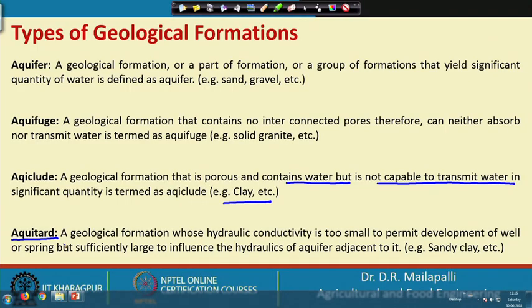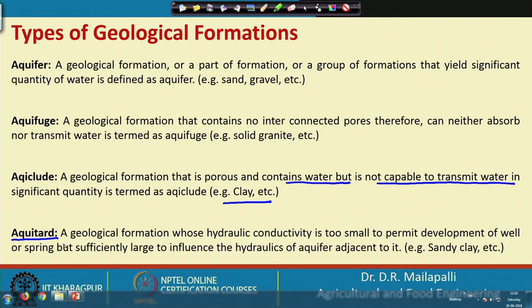And aquitard: the name indicates it is kind of a retarded aquifer, a good aquifer after a long period of time. Sand is a good aquifer, but clay particles coming into the system can block the pores, and that acts as an aquitard.